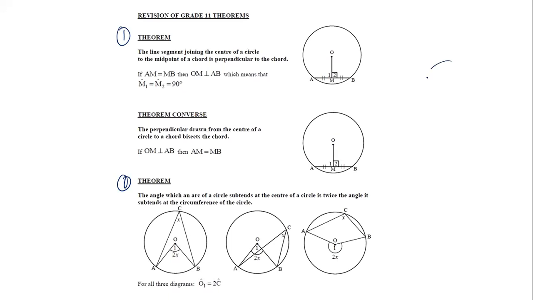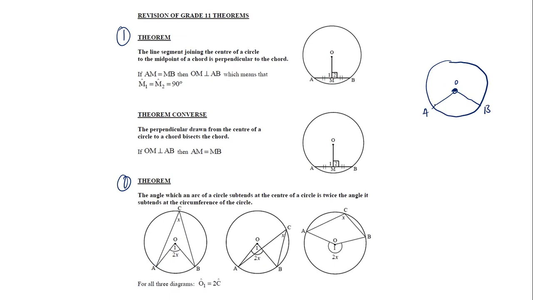So let me draw the circle again. We have the circle, right? I'm going to draw this shape, which is shape ABC. Remember, we have the center. Here's the center of the circle. It will be called center O, right? And we're going to have OA, which is this side over here. It's a radius. We're going to have OB, which is this side over here. It is also a radius.